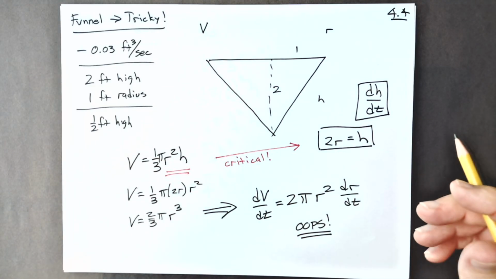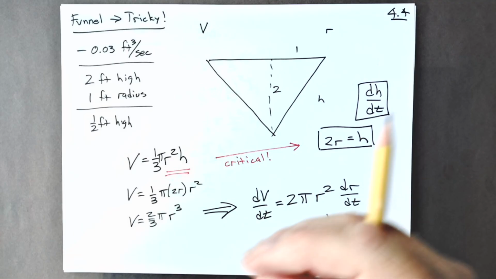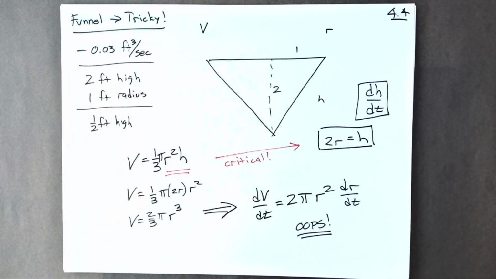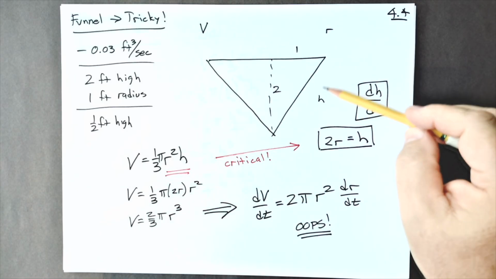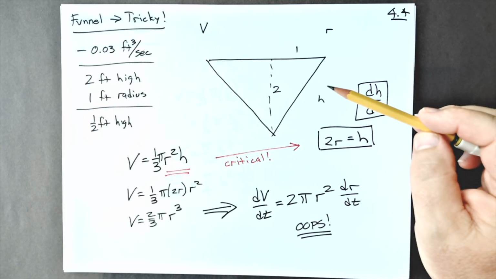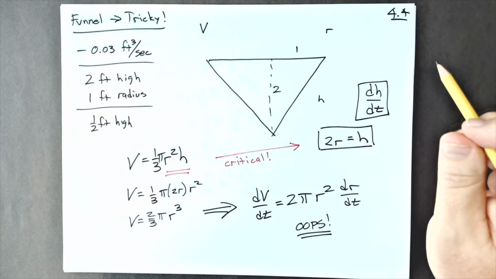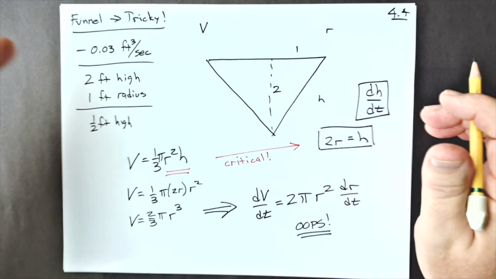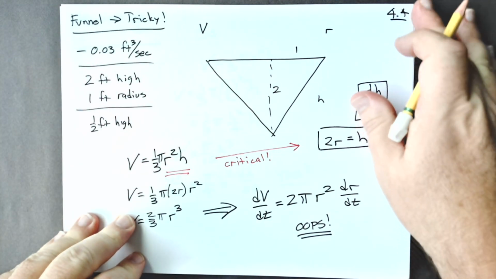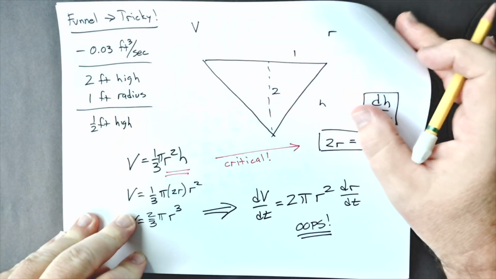So the funnel, the trough, those are very common Calc AB, BC questions on the test because there's a trick. And the trick is the relationship between the radius and the height, that you need to solve one for the other to get your answer simply. So let's look at our problem here. We have a funnel. It's draining at 0.03 cubic feet per second.